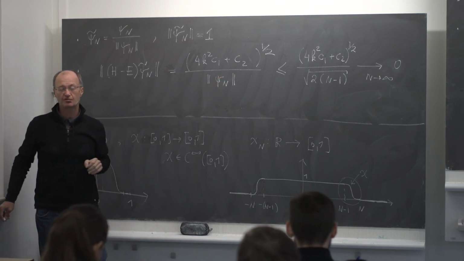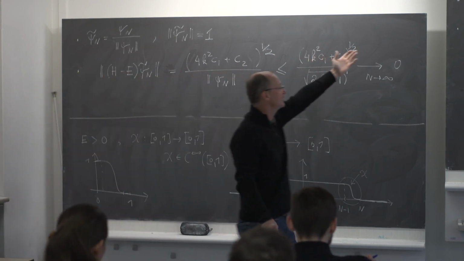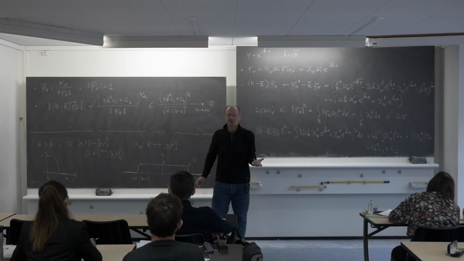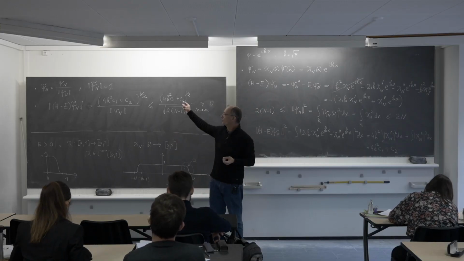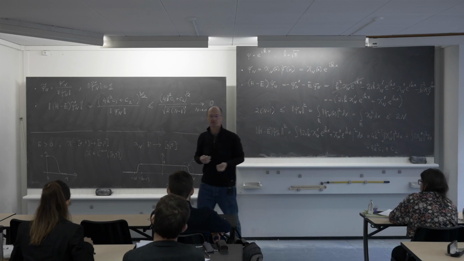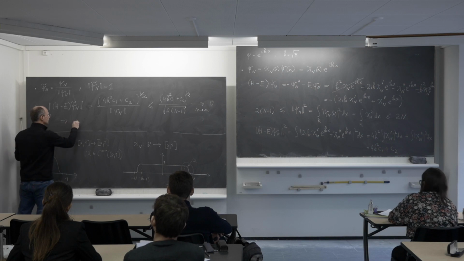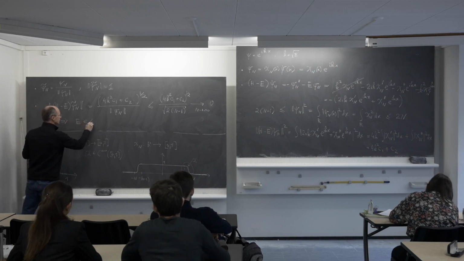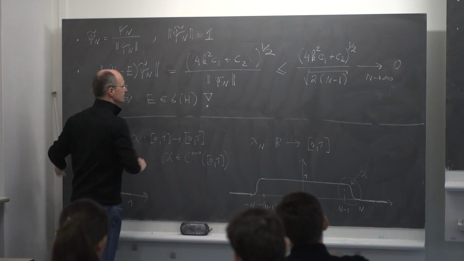So these are some kind of approximate eigenfunctions. So the exponential of ikx is not a true eigenfunction because it's not normalizable. However, those guys are approximate eigenfunctions, and now we can conclude that E is in the spectrum of H.